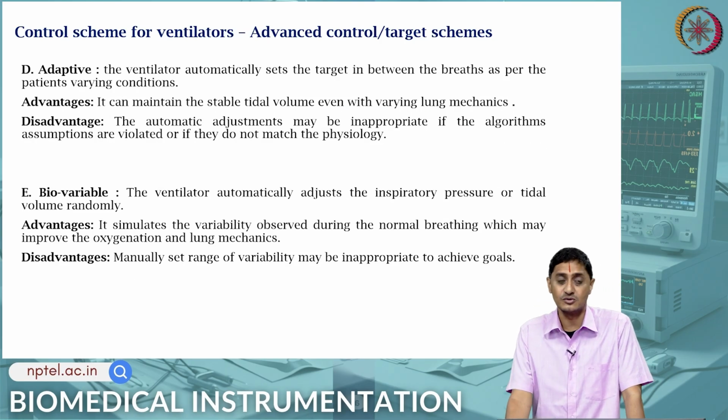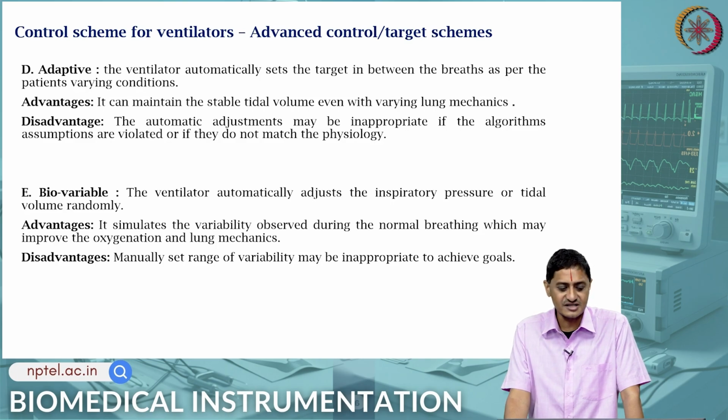Then an adaptive control mode. In this case, the target is set in between breaths depending on the patient's condition. The advantage is that it will be able to maintain a given stable set tidal volume even when the mechanics of the lung changes with the patient condition.